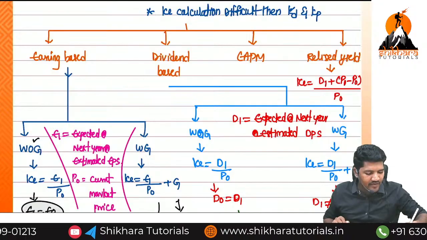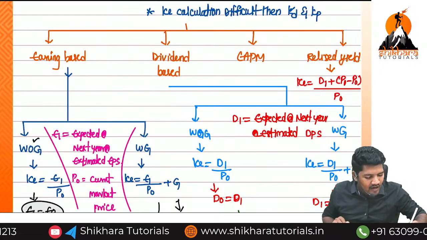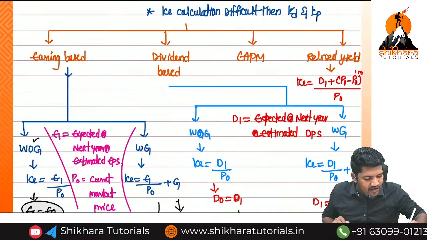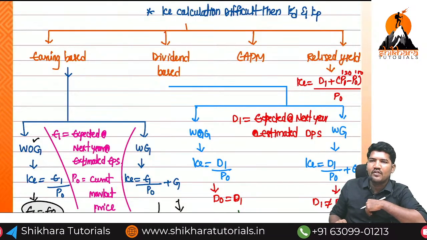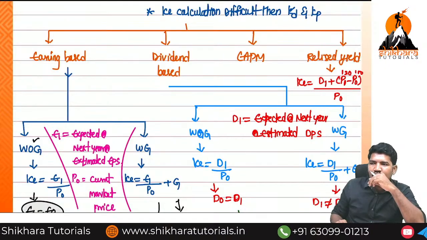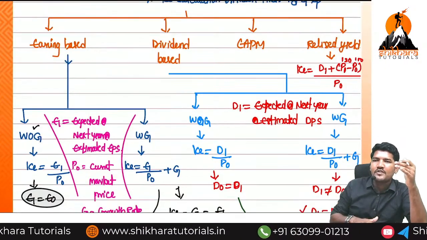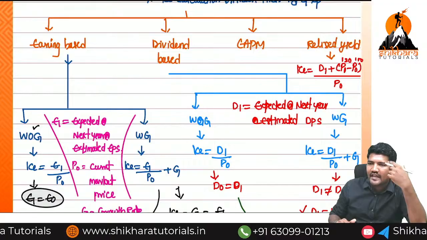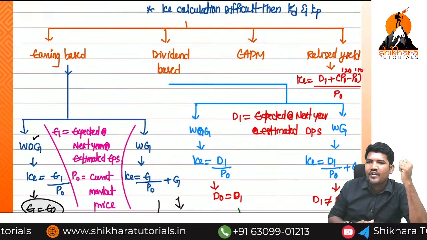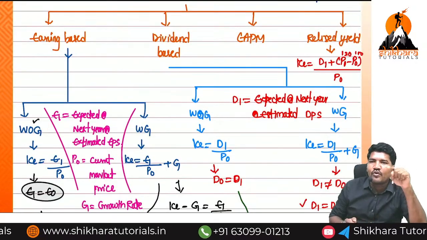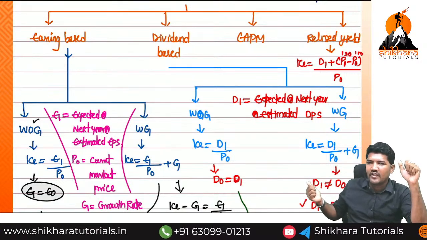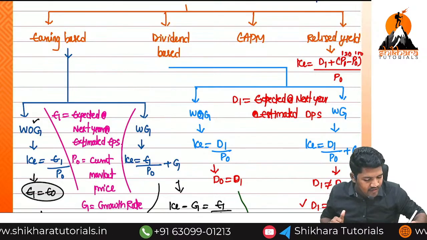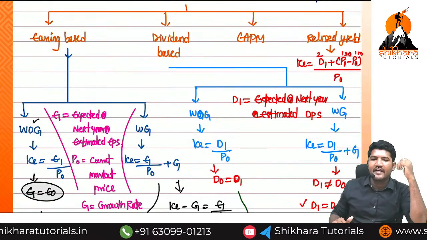What is the meaning of P1 minus P0? I invested 100 rupees. Now today it is 120 rupees. If I sold, I will receive 120. Out of 120, how much benefit do I have? Can I use the word capital appreciation? 120 minus 100, that is 20 rupees. That is nothing but P1 minus P0. Very clear? Suppose they announced 2 rupees of dividend.